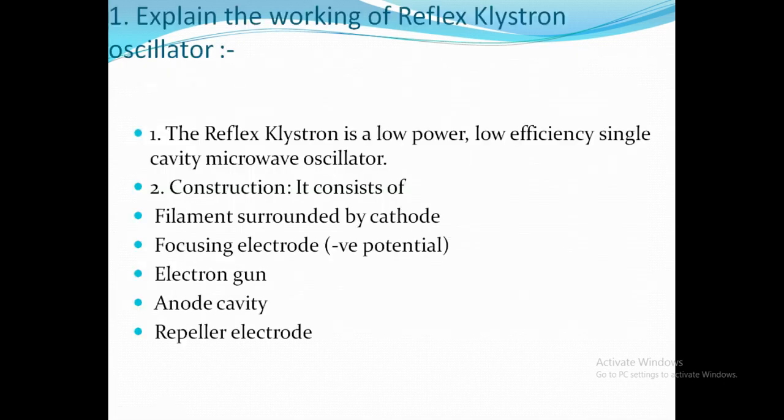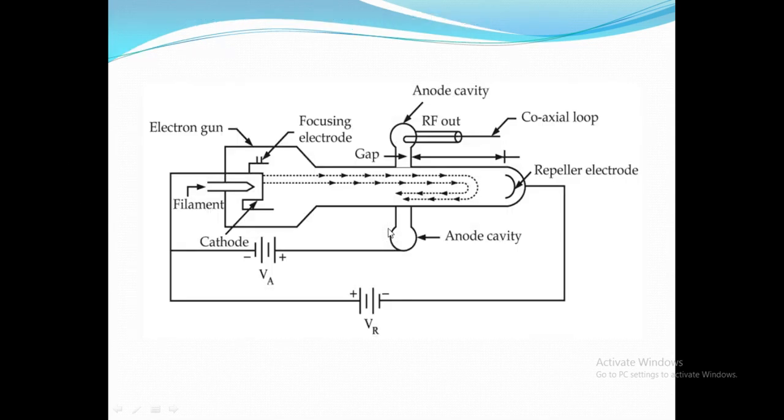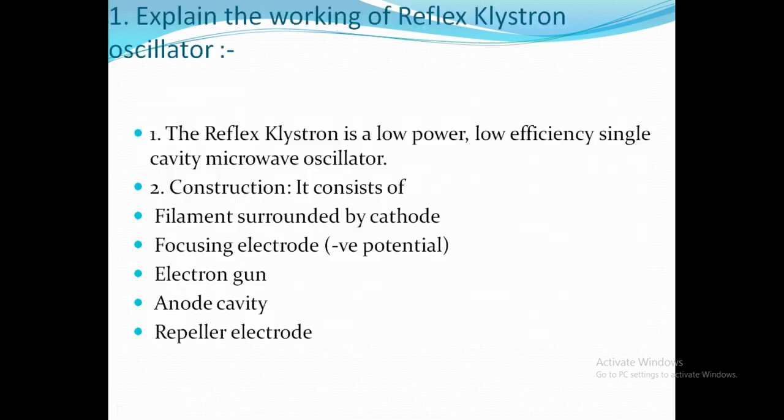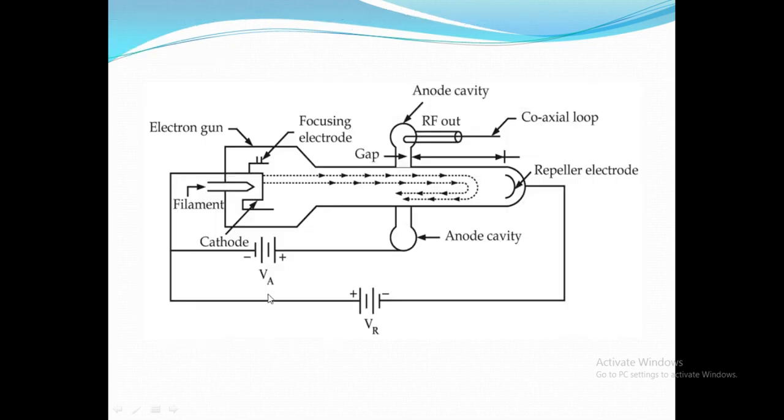The construction of the reflex Klystron oscillator consists of a filament surrounded by the cathode, a focusing electrode at negative potential, an electron gun, an anode cavity, and a repeller electrode.